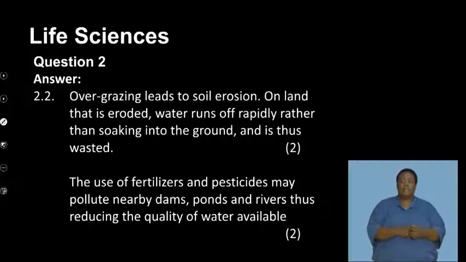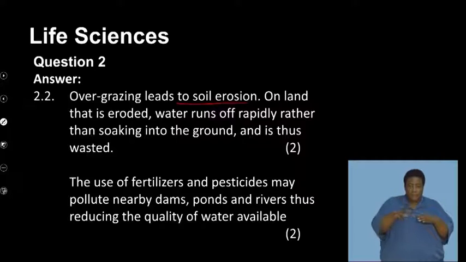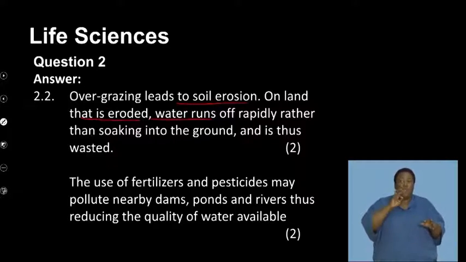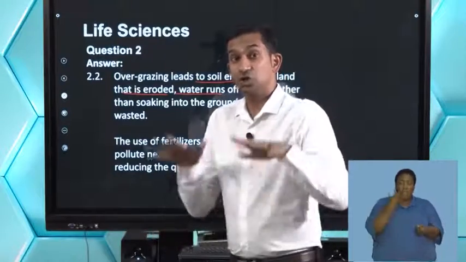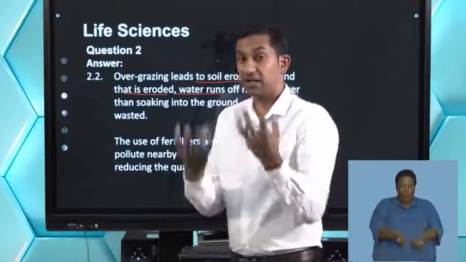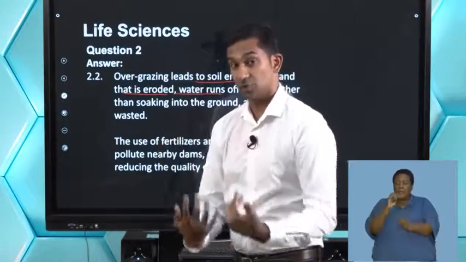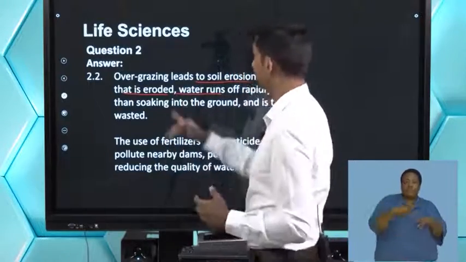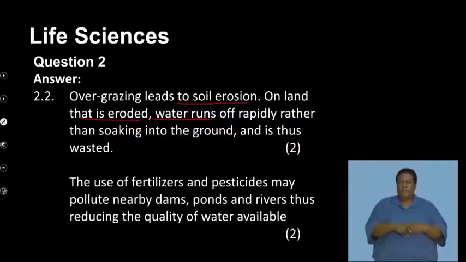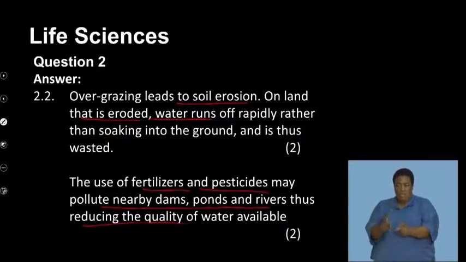Okay, so overgrazing leads to soil erosion, and hence you can see that when the soil is eroded, water runs off rapidly from the surface and is not absorbed into the soil. So having vegetation slows down the movement of water, and that allows for more water to be able to absorb into the surface. So it's important that we prevent overgrazing. Okay, the use of fertilizers and pesticides may pollute nearby dams and water and rivers, reducing the quality of water available.